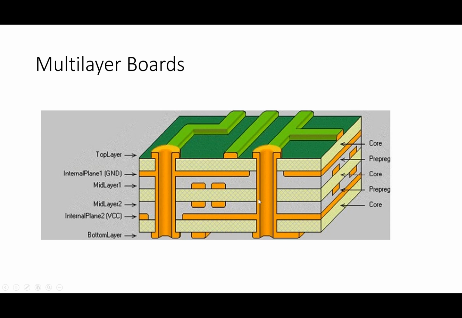Now, just to understand, this is a 6-layer board, so this is a pretty complicated one. But just to see it in stack up, what I have is basically 1, 2, 3 of those FR4 layers, where I've got copper on both sides. So here's layers 1 and 2, 3 and 4, 5 and 6. And what I have is holes that run through the board, okay? So I've got 2 holes that are running through the board, and then I can see some copper traces up on top.